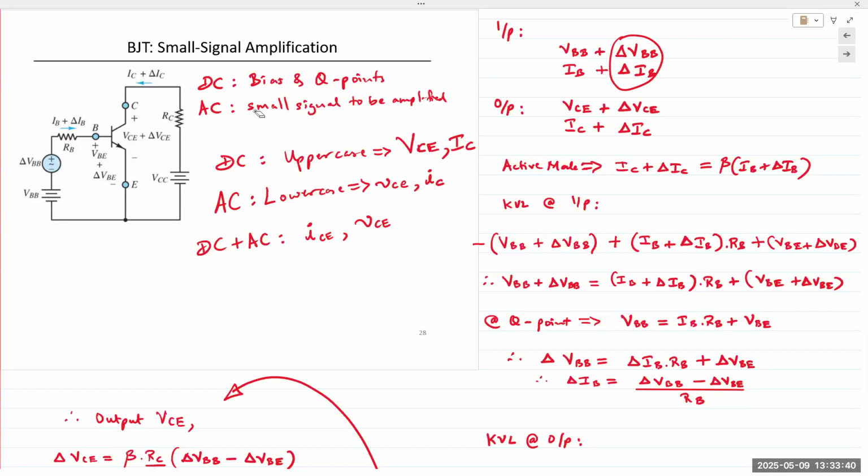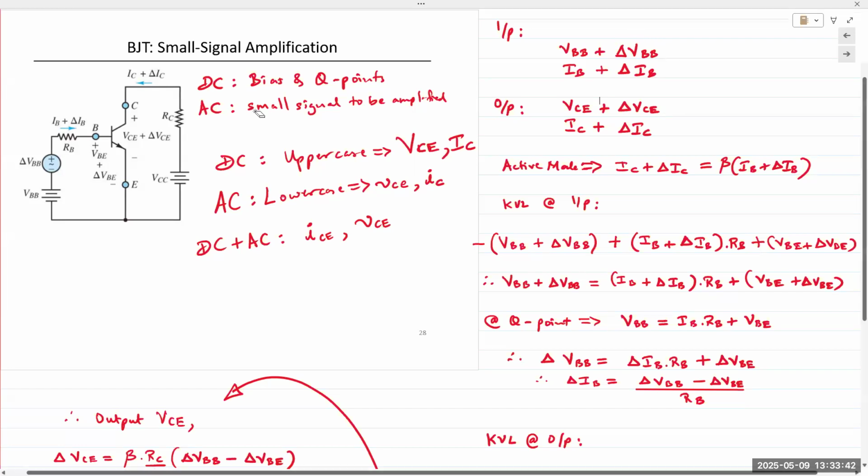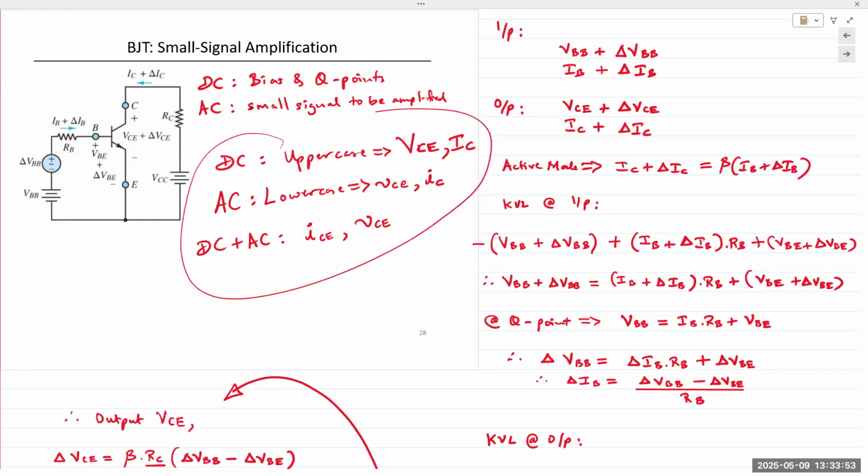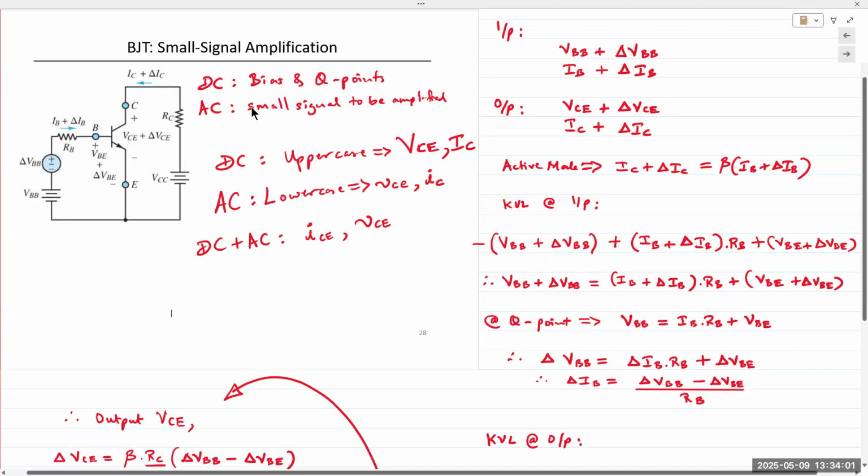I just want to clarify that if you read another book, or something written by somebody else, perhaps online, different textbook, different classroom, this is the standard. If it's all uppercase, it refers to DC. If it's all lowercase, it refers to AC. But your job as an engineer would be to recognize if somebody's using the wrong notations.